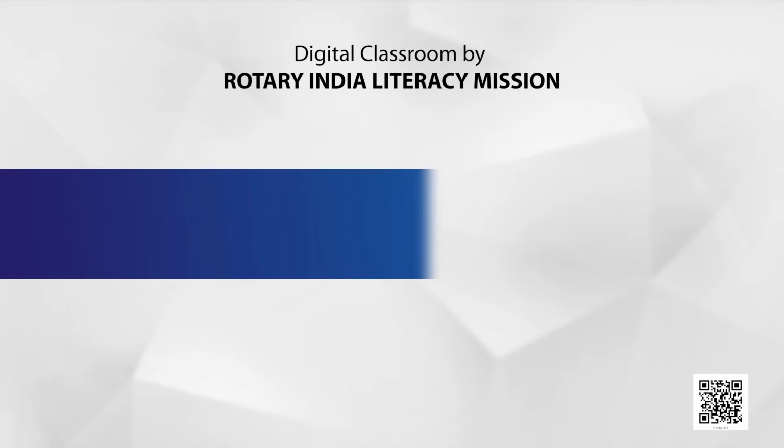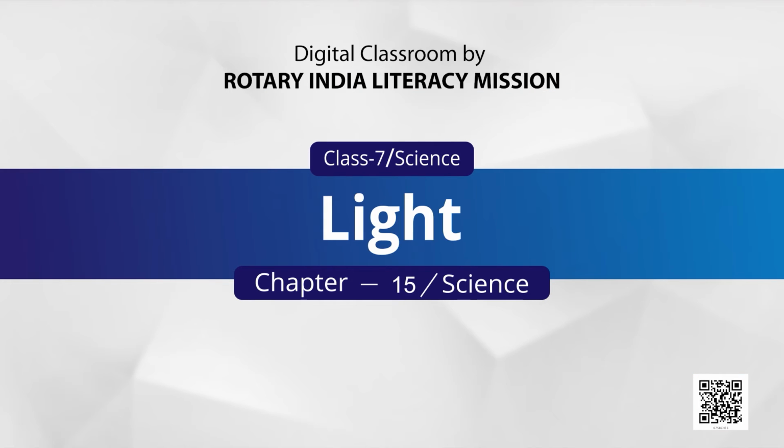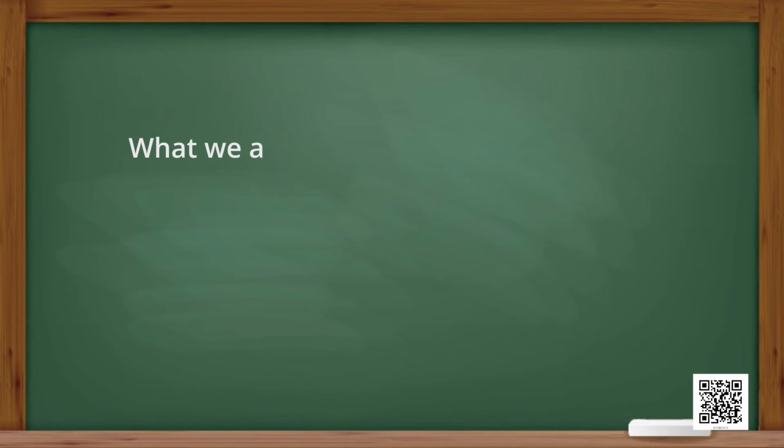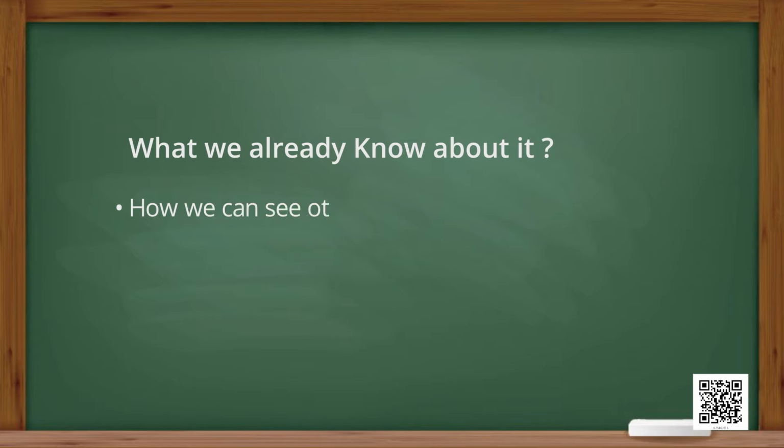Children, today we are going to discuss chapter 15 of class 7 science, that is light. So first of all, let us see what we already know about it. How can we see other objects in our surroundings?